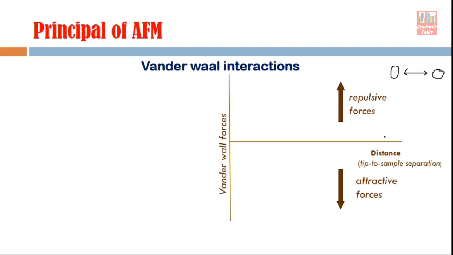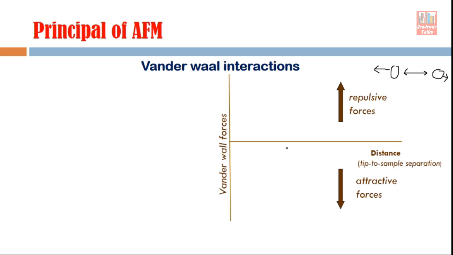So on the x-axis is the gap between these two bodies, and on the y-axis there are van der Waals forces. If the van der Waals forces are positive, it means the force between these two bodies is a repulsive force. So these bodies will be repelled away from each other like this.